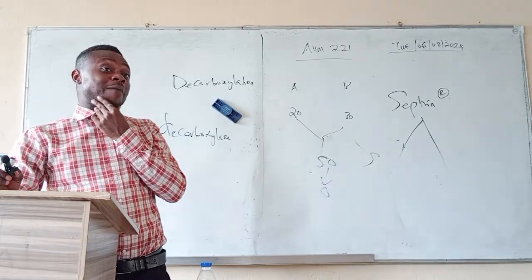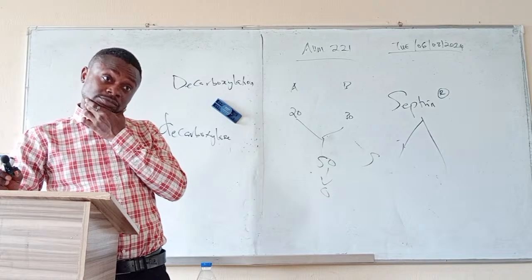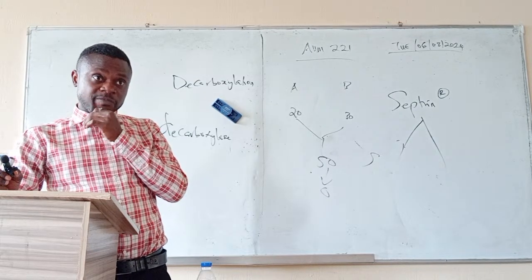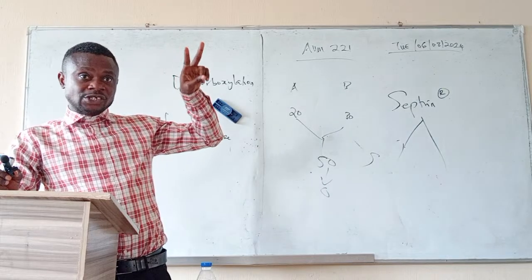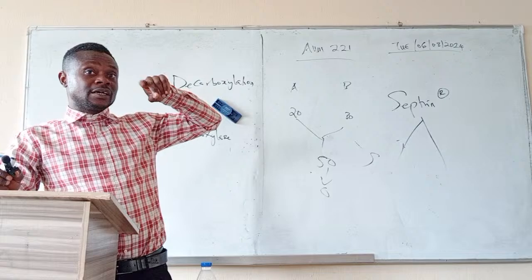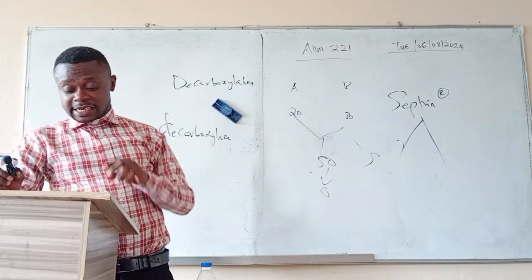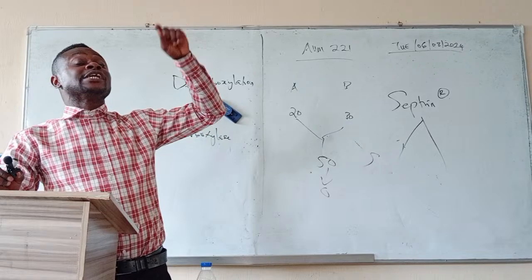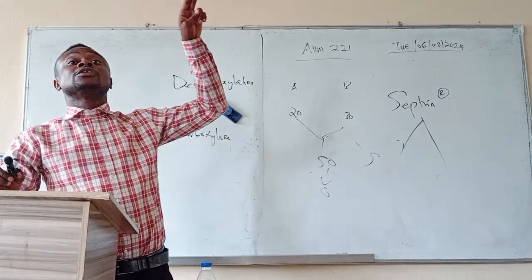Sulfamethoxazole. Sulfamethoxazole and what? And trimethoprim. It's a combination, a fixed dose combination. There's potentiation in that, okay? In fact, sulfamethoxazole is a sulfonamide. It's an example of what?